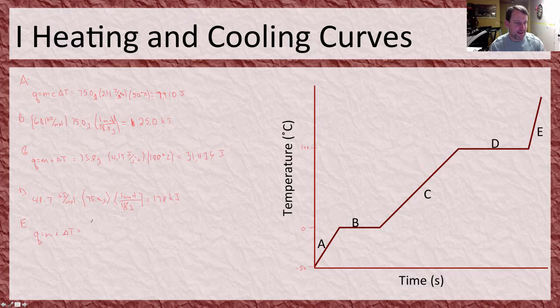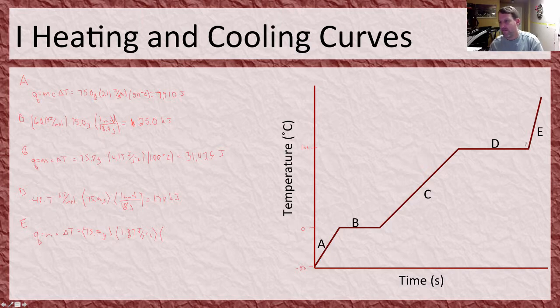And then this is going to be equal to the mass of 75.0 grams times C. Now for steam, the specific heat is 1.87. It's less because there are no bonds to break or stretch, and that is joules per gram degree Celsius, and then times the change in temperature.